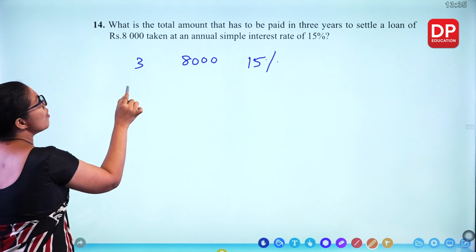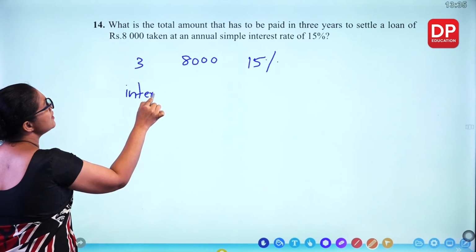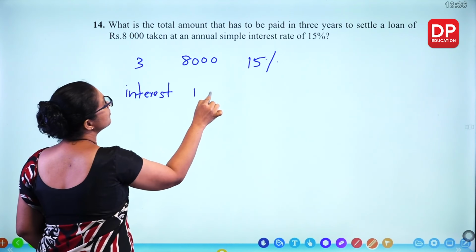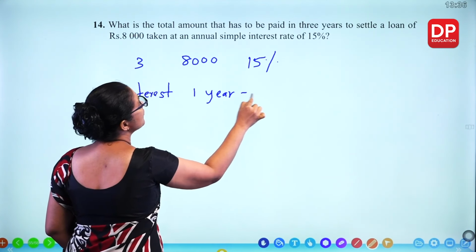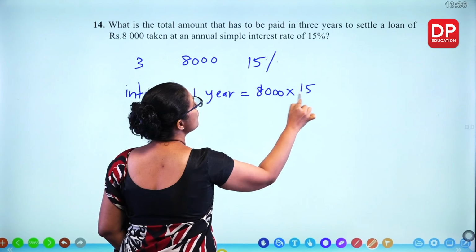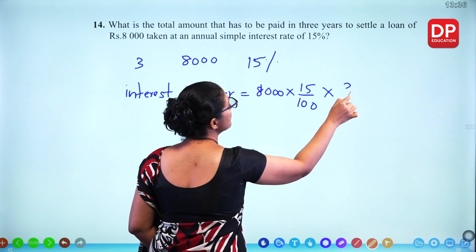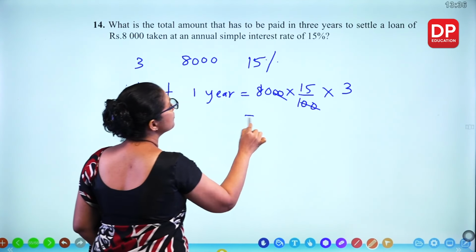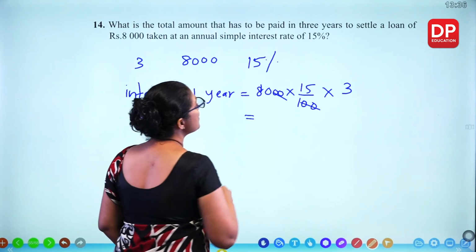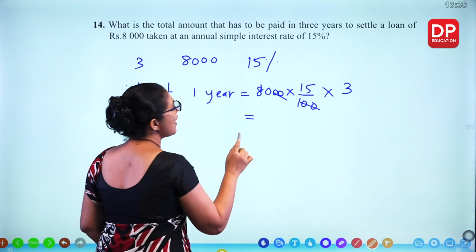So what's the interest for 1 year? 8,000 multiplied by 15 over 100. But we need for 3 years. 8 times 3 or 15 times 3, 45.